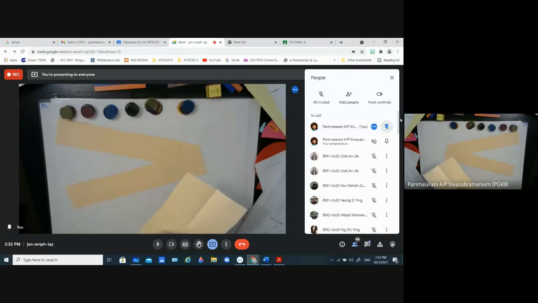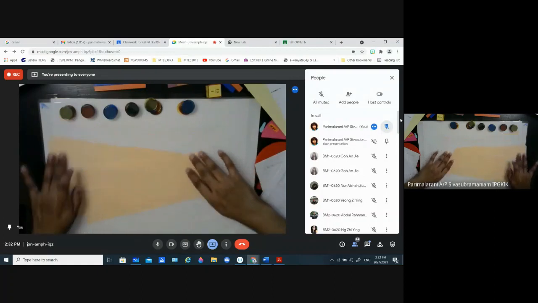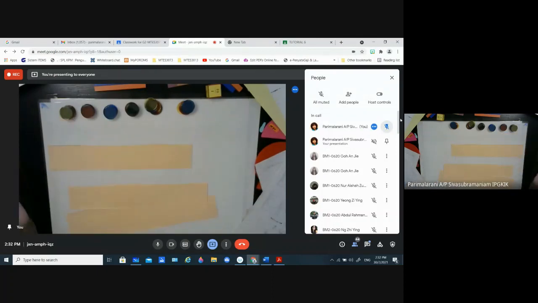We are going to do a paper folding activity for fractions. Okay, so we have 4 strips here. Are you ready?